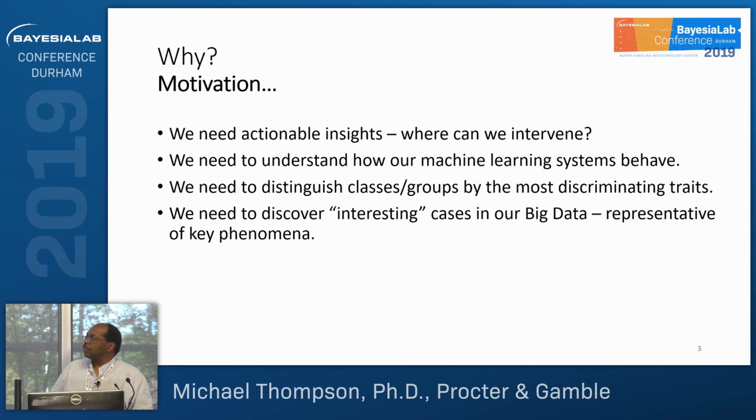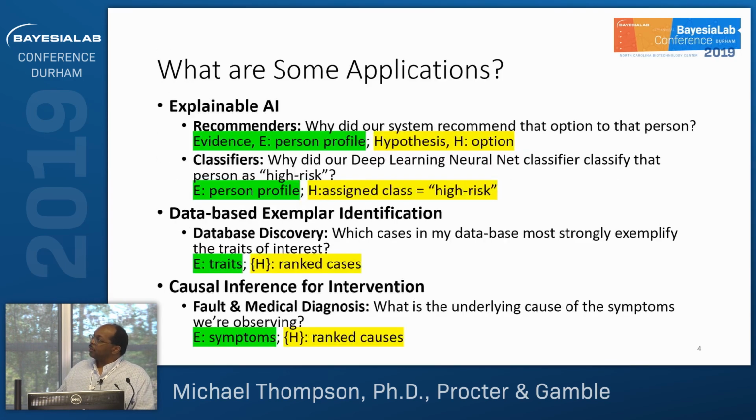Finally, we need to discover interesting cases in our big data. When you have a large database, you can find those cases that meet criteria that are really representative, the perfect exemplars, if you will, of a given consumer segment or a given scenario that you're trying to identify.